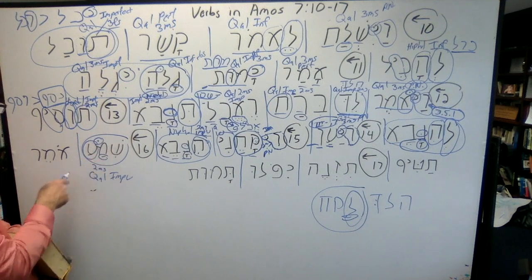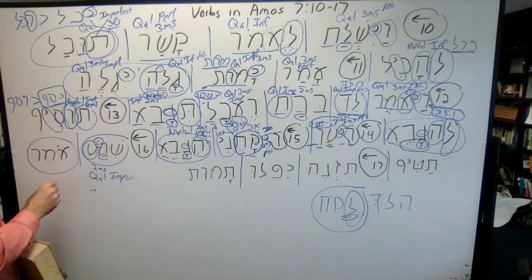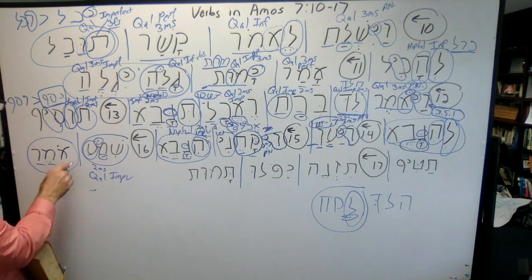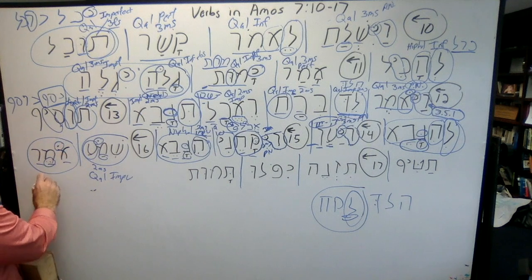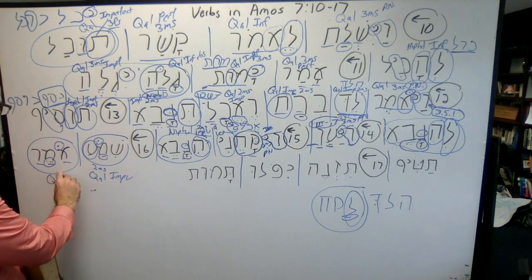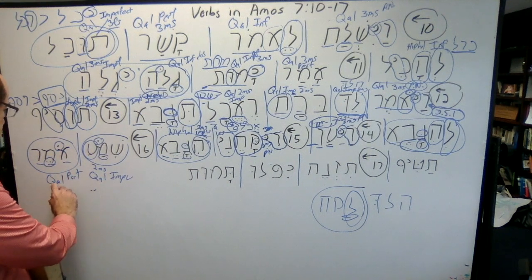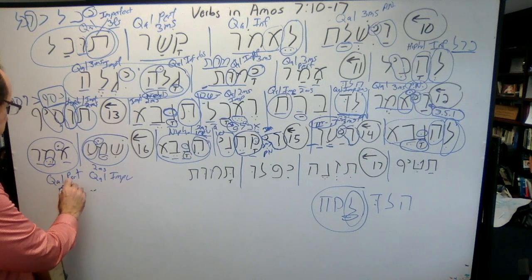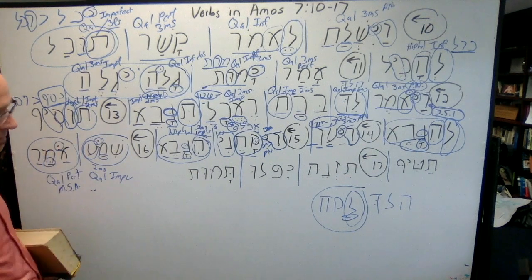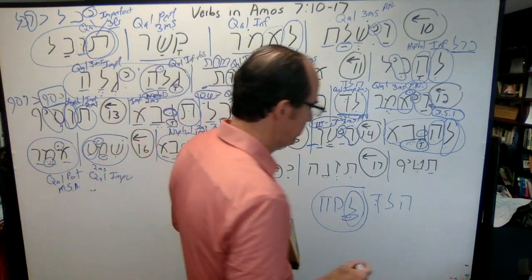Otherwise, this is straight up. Omer, this form, again, this is easy to spot, vocabulary, but notice this vowel pattern. What is that? That's the vowel pattern for the qal participle, masculine, singular, and in this case, absolute, it's not bound.